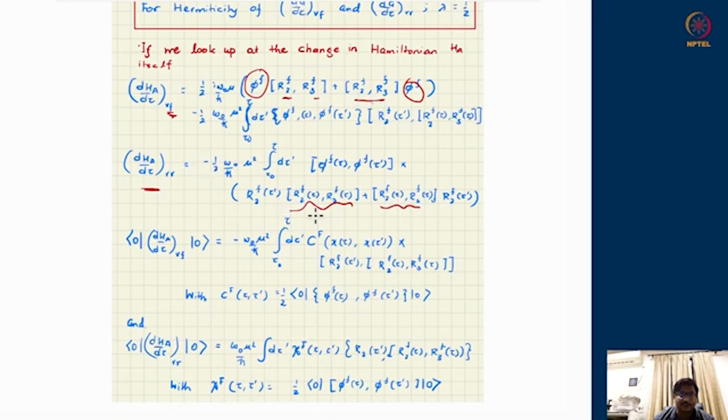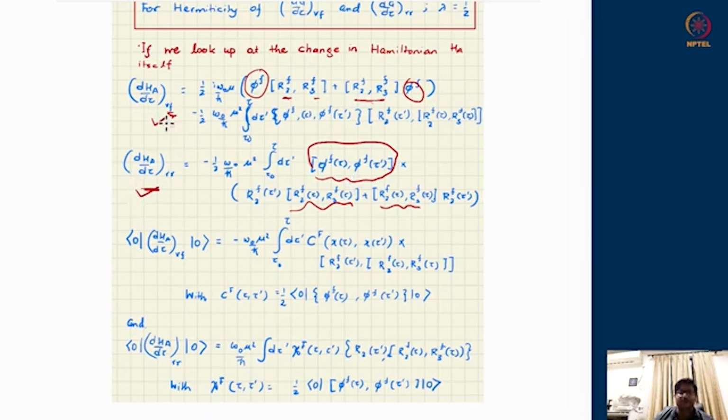So the radiation reaction term will be made from the commutator between the fields, their free parts' commutator at two different times, and then the splitting of R2 appearing across the commutator of R2 and R3 in the symmetric way. Okay, so that would be the radiation reaction change in the Hamiltonian.